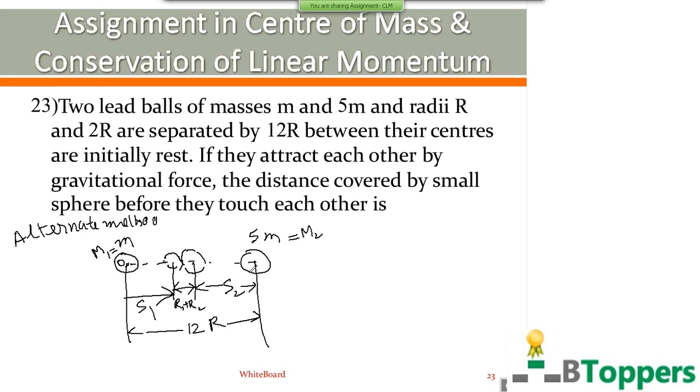The initial position of the center of the second sphere is a distance 12r from the center of the first sphere. Let S1 be the distance moved by the center of the first sphere and S2 the distance moved by the center of the second sphere before the two spheres collide with each other. At the instant the two spheres collide, the distance between their centers is equal to the sum of the radii of the two spheres, which is equal to r plus 2r or 3r.